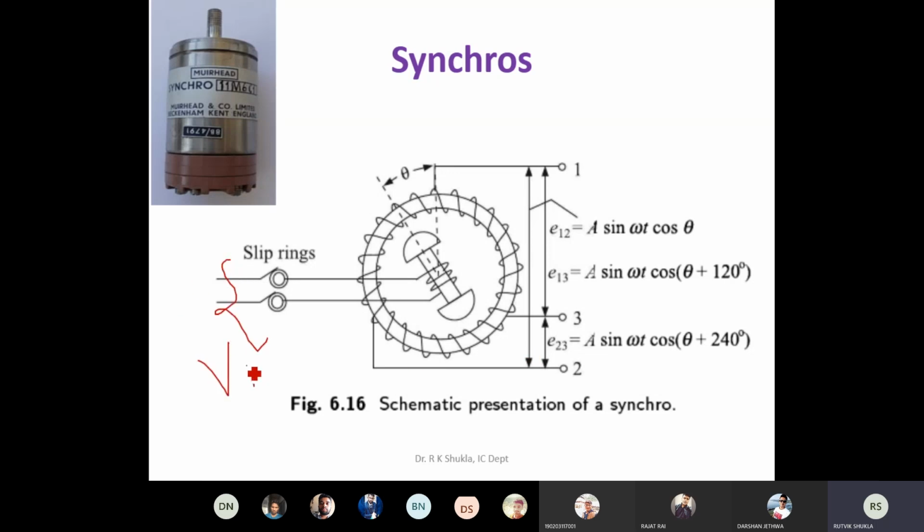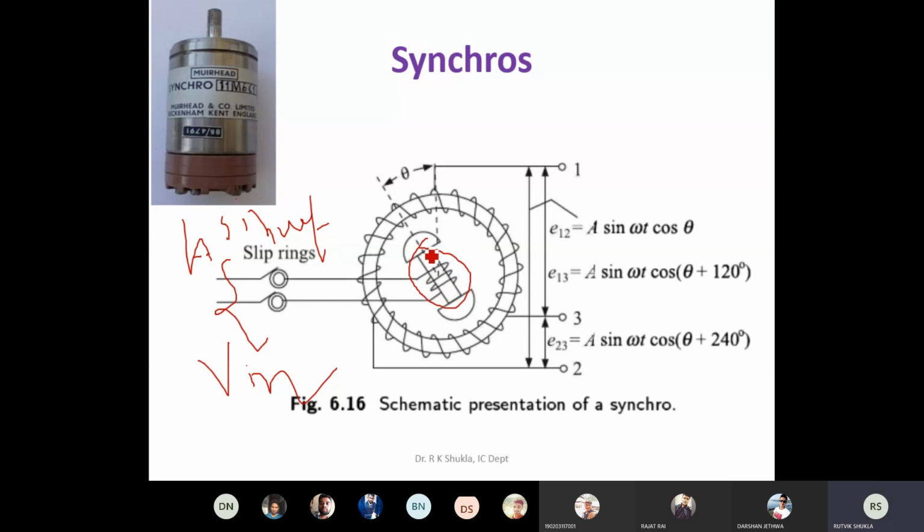This is your input side. You are giving a supply. We talked about it: it is A sin omega t, a sinusoidal signal having some definite amplitude and a frequency that you are giving on the input side. Now this is a rotor.